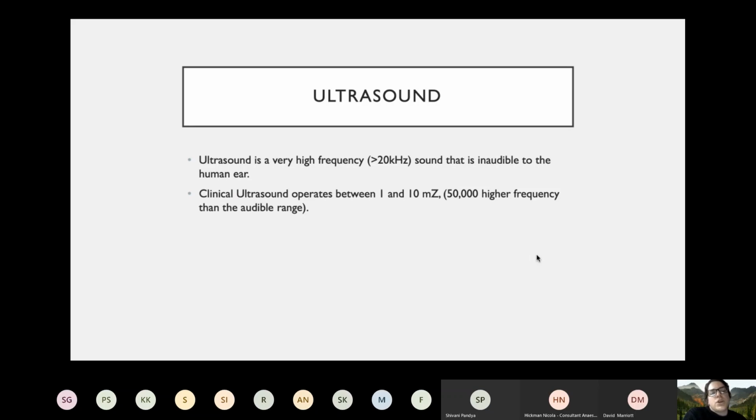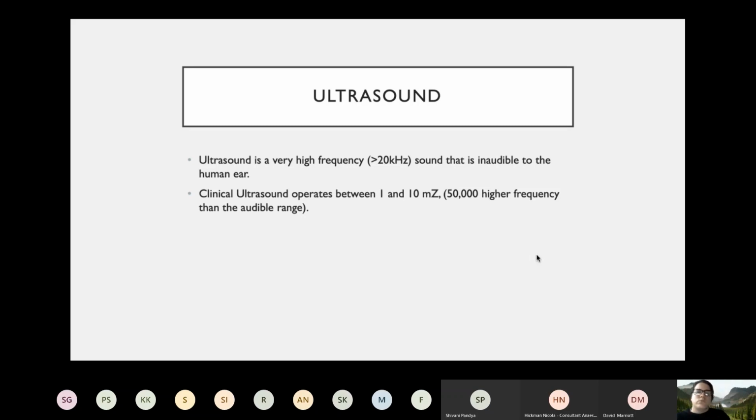Ultrasound refers to high frequency sounds that are above the frequency audible to the human ear. Everything above 20 kilohertz is inaudible to the human ear, but in actual clinical practice, the frequency is much, much higher, between 1 and 10 megahertz. And that's actually sounds that can only be produced by humanly made products.